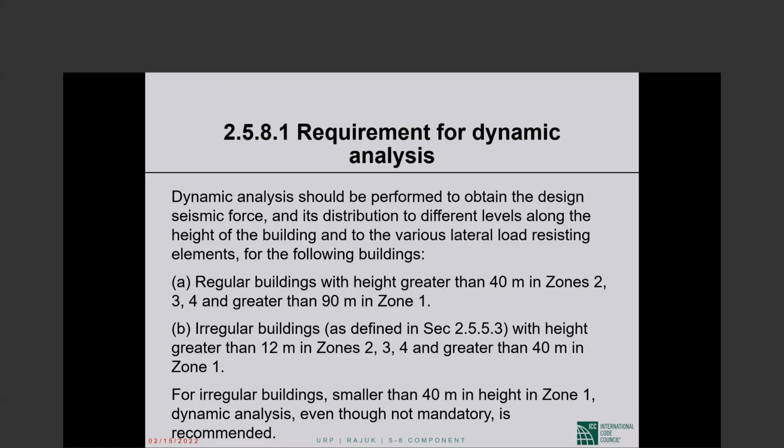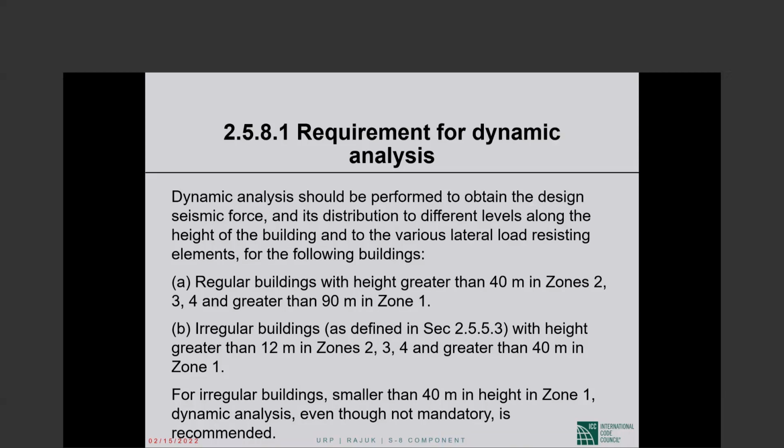Okay, so a number of things. First of all, these are again BNBC requirements, different from ASCE 7 requirements, which I have discussed with you earlier. The thresholds for regular buildings are based on height. For irregular buildings, they are also based on height.